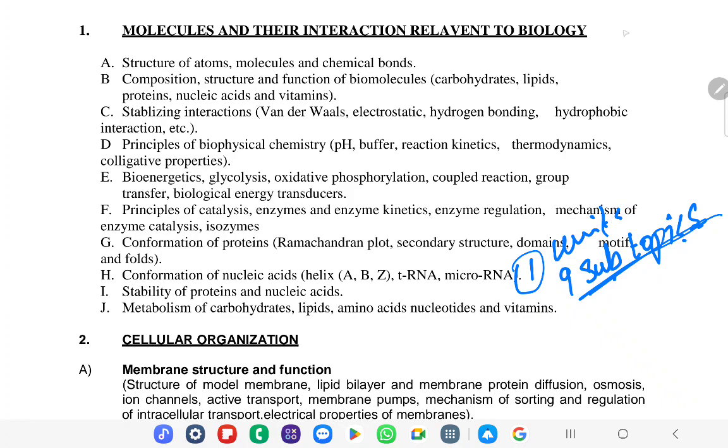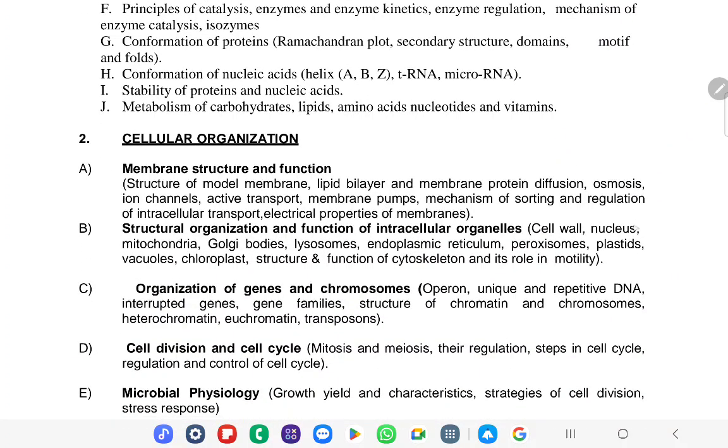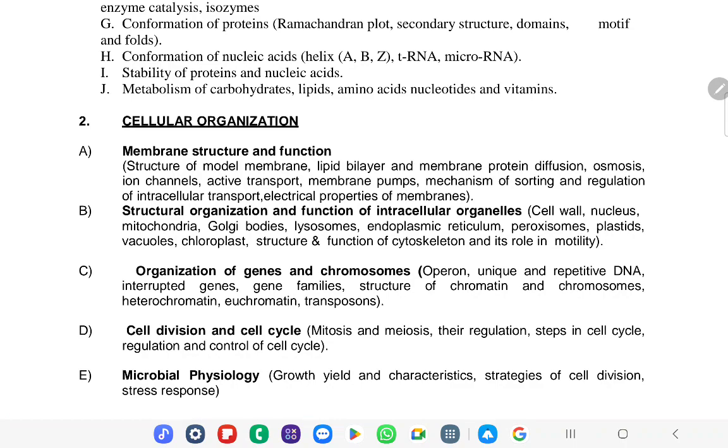Next, the second unit is cellular organization. In this we learn about membrane structure and functions: structure of model membrane, lipid bilayer, and membrane protein diffusion, osmosis, ion channels, active transport, membrane pumps, mechanism of transport, and regulation of intracellular transport, electrical properties of membranes.